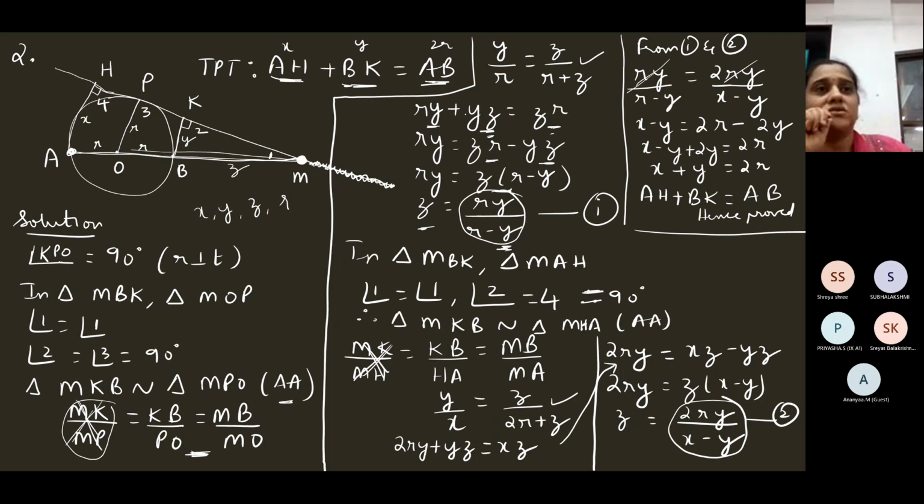AH is not a tangent. The AH is a secant. It cuts through the circle. That's what I see in the figure here. It comes inside the circle. I'll show him because he's closer to me. Can you see?